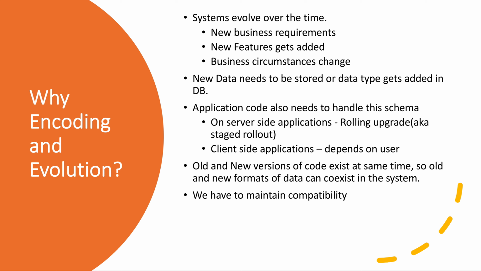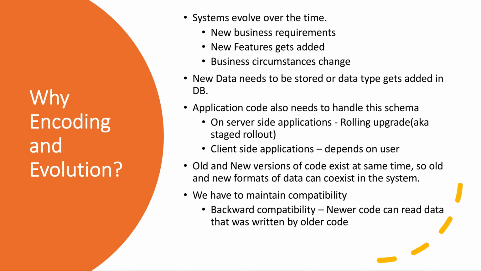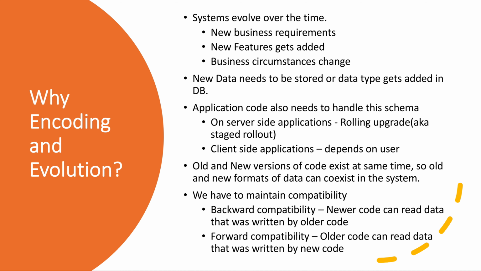And for this we have to maintain compatibility. There are two kinds: backward compatibility and forward compatibility. In backward compatibility, the newer code can read the data that was written by the older code. That is, our older code writes some data, and when we deploy the newer version, that newer version of the code should be able to read the older format of the data.